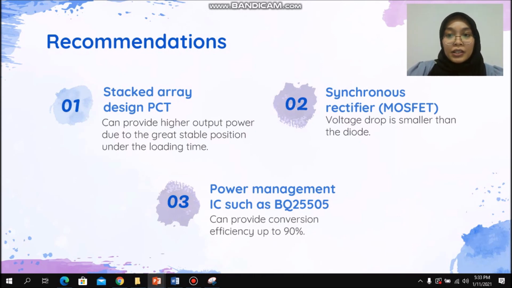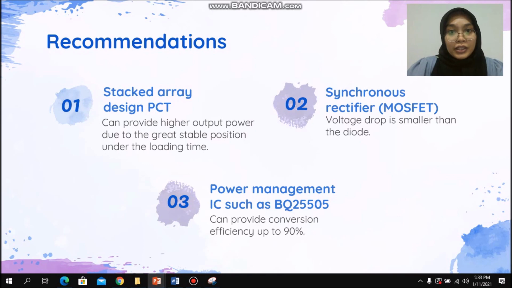The second one is the synchronous rectifier MOSFET. For the full bridge rectifier, we can change the normal diode by using a synchronous rectifier MOSFET, because the voltage drop is smaller than the diode in the full bridge rectifier.